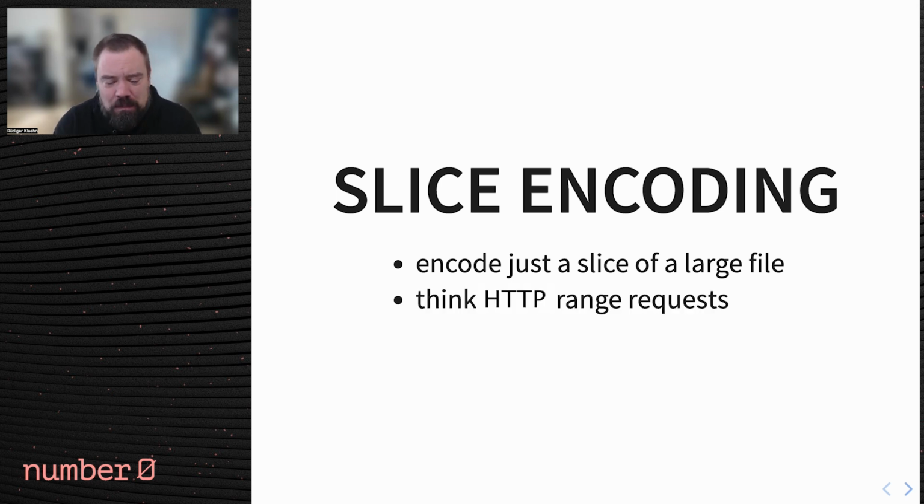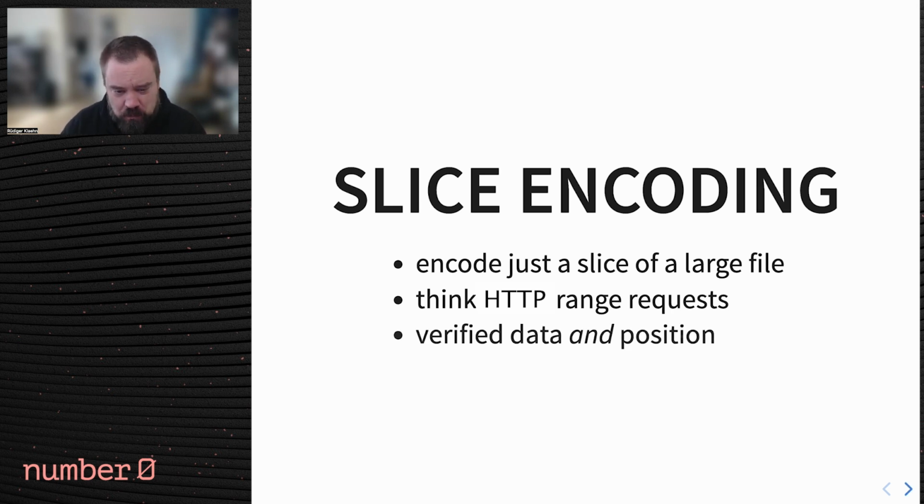So one example of how this would work is HTTP range requests. So what this slice encoding gives you is the data at the position you've requested, and it gives you a guarantee that this is actually the correct data of this hash at this position. So it verifies not just that the data is somehow related to the root, but it also verifies that the data is actually at the correct position.